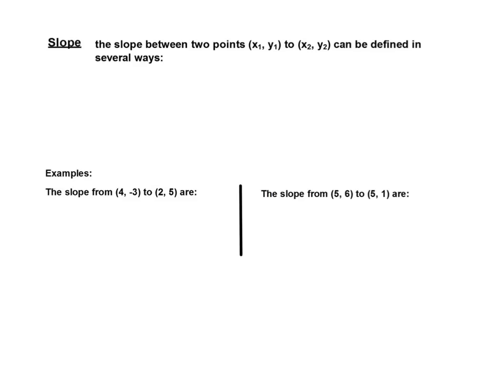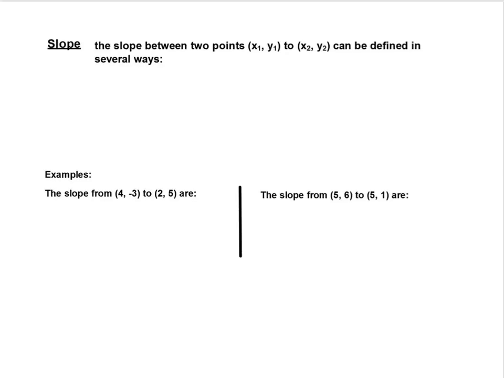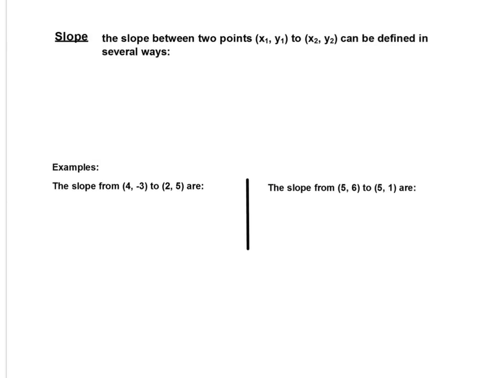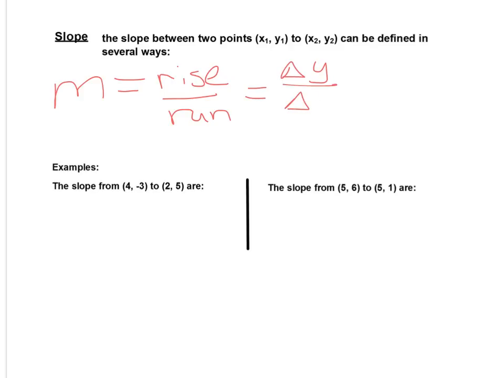All right, so the way you've probably used increments before is when you're using slope. We have several notations for slope, okay? M is usually what we call slope. We say rise over run, especially when we're graphing. And we use delta y over delta x. We're going to use that a lot in calculus. And so, in other words, the formula is y2 minus y1 over x2 minus x1 when you put the formulas for increments in there.